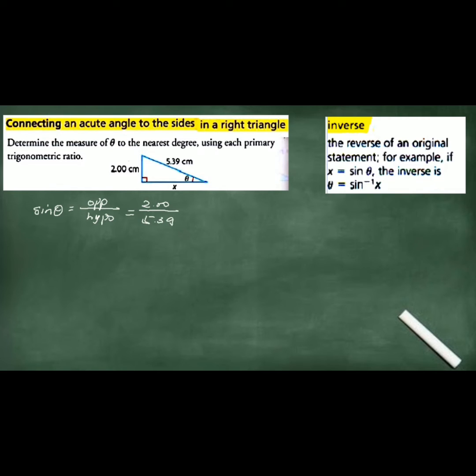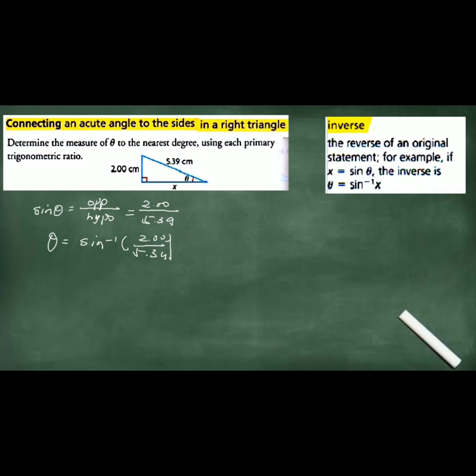So sin theta equals 2.00 over 5.39. Since we know the sine but not the angle, we have to use the inverse of sine. So theta equals inverse sine of 2.00 over 5.39.